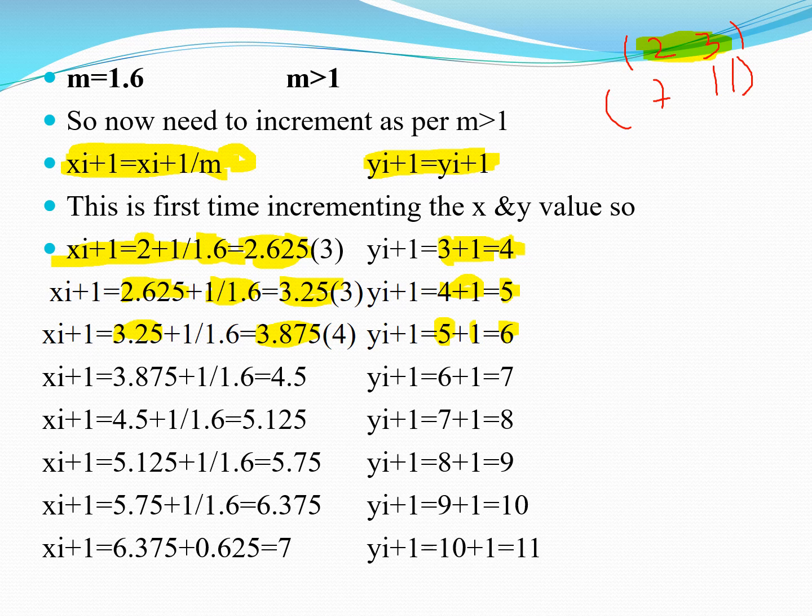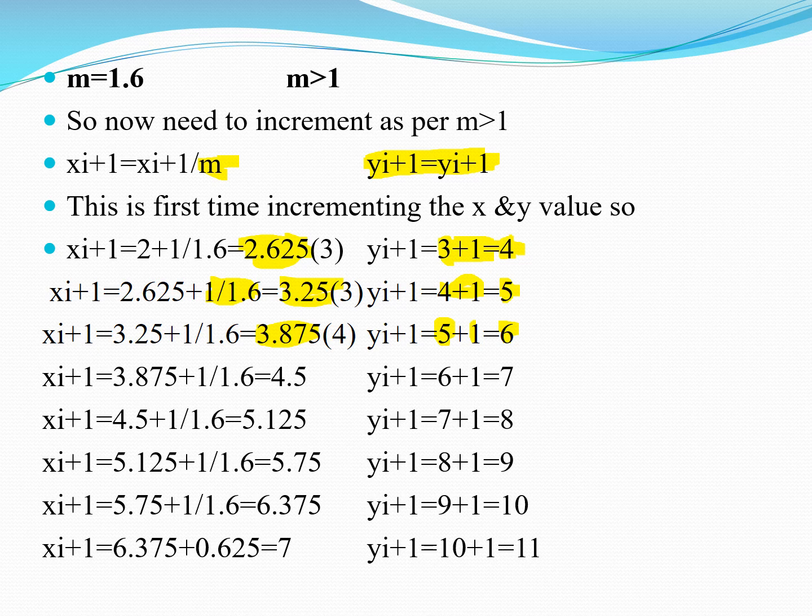Now how do we rasterize these pixels, right? Take all the pixel values and make a graph. The method is simple. We first take the x1, y1, x2, y2 values as per the given question, and then we find the slope value.